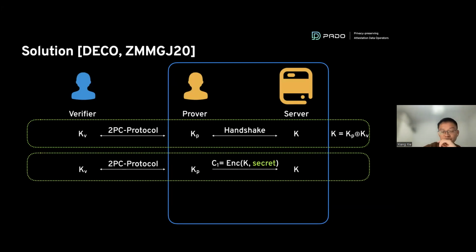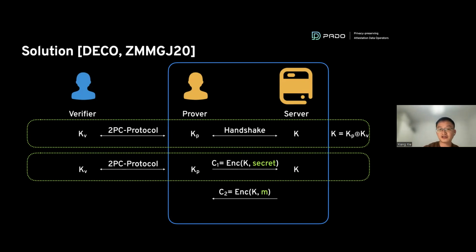And in the query part, the prover gets help from the verifier to run a two-party protocol to generate the ciphertext with the secret key and then send it to the server. So here C1 looks like a very normal ciphertext, but instead it is generated by the two-party protocol.